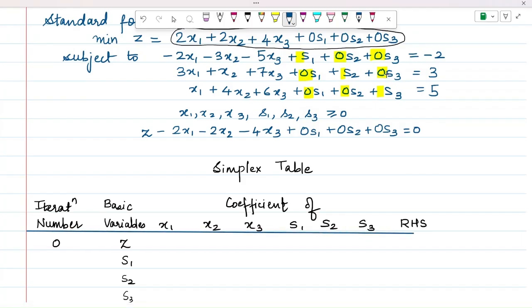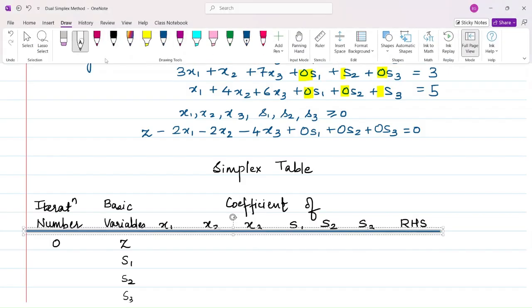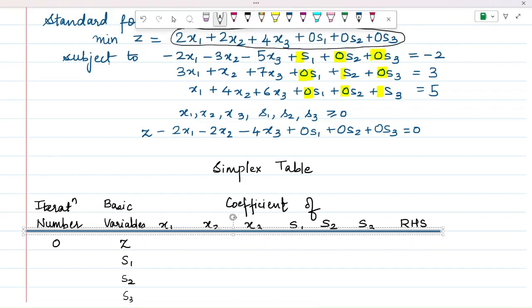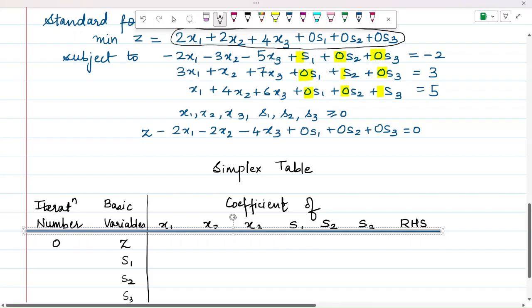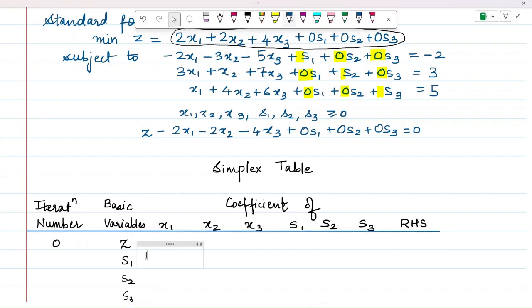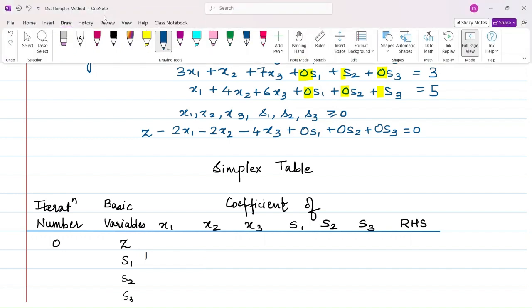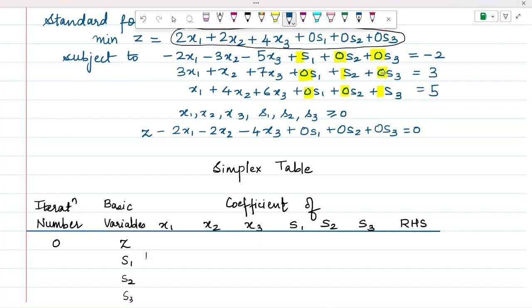So this is your table header. The next we are going to insert a line here. And we also have to draw one more.